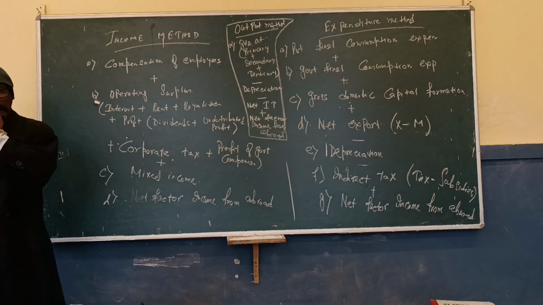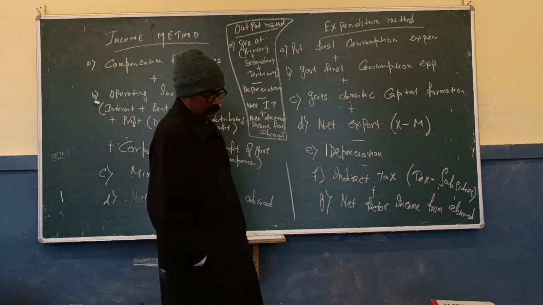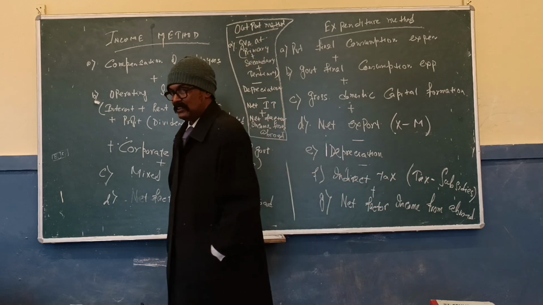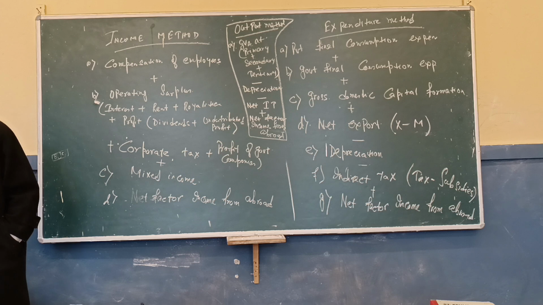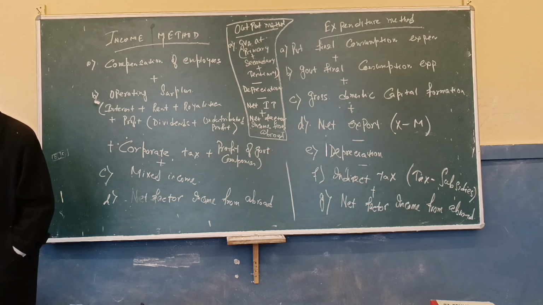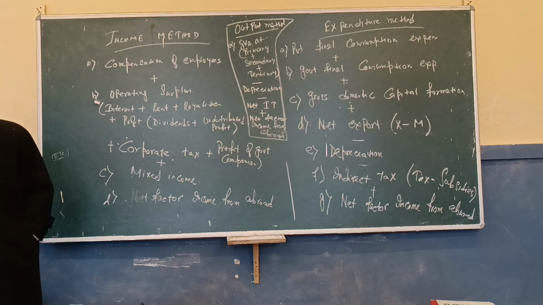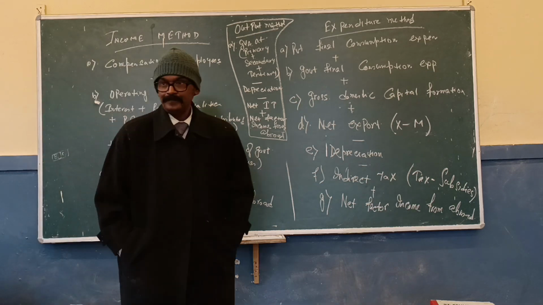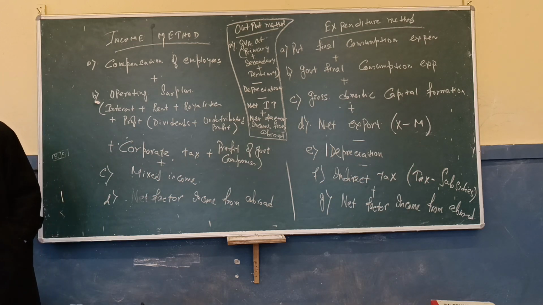Next one, factor income paid to the non-resident Indian, 20. Next, subsidies received by all the sectors, 20.